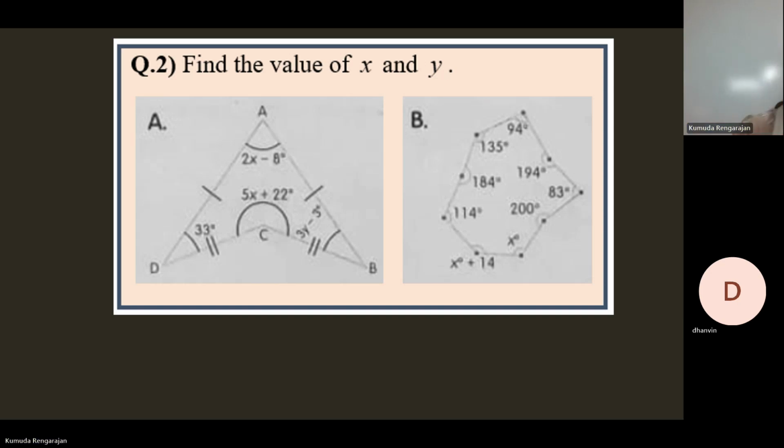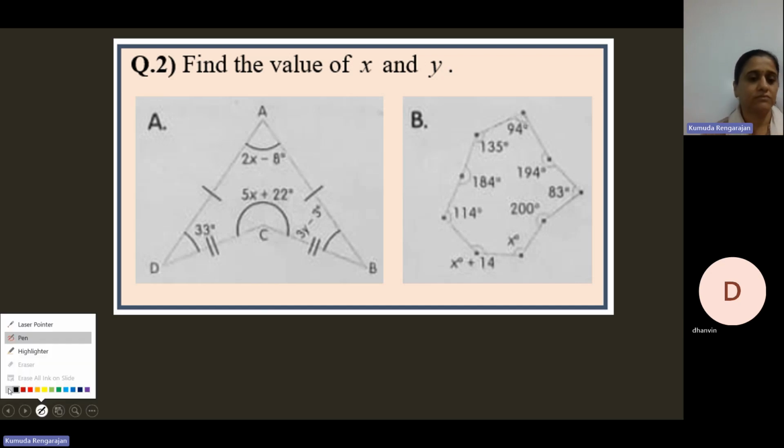Plus 3y minus 33 plus 33 is equal to 360.